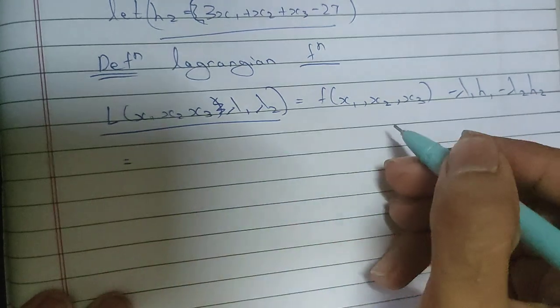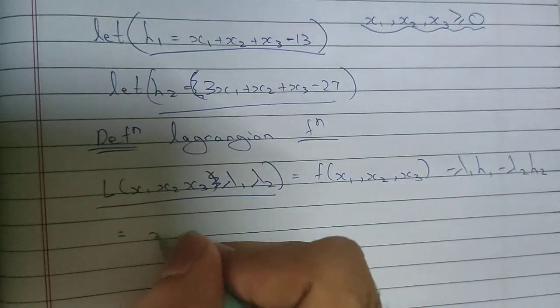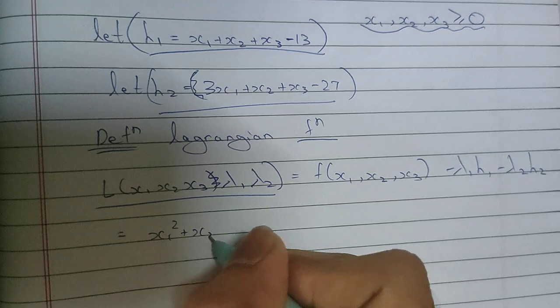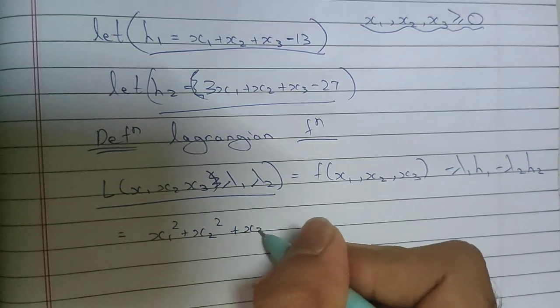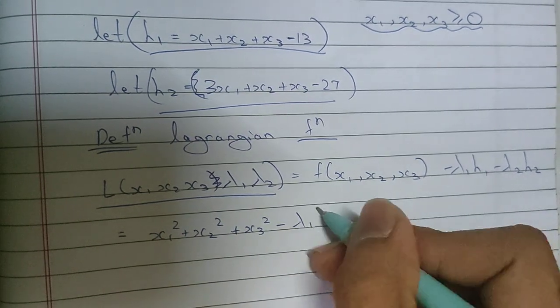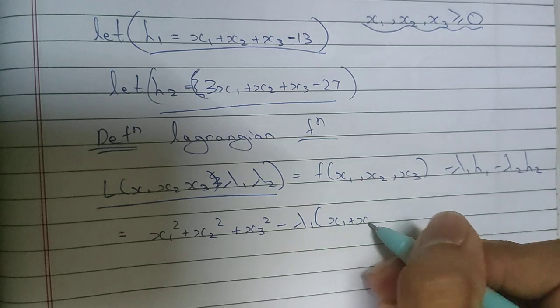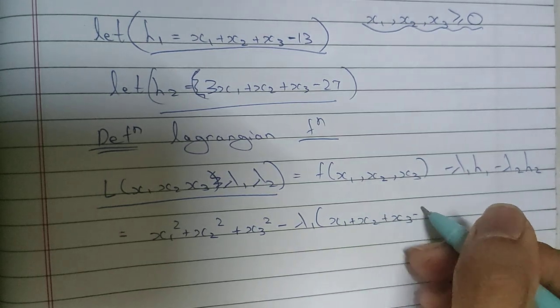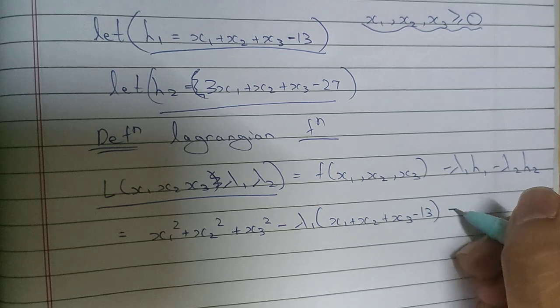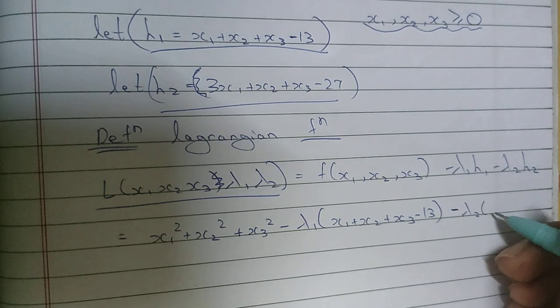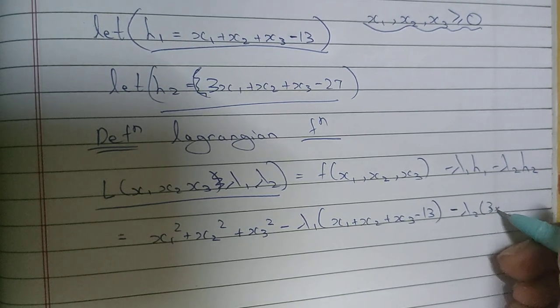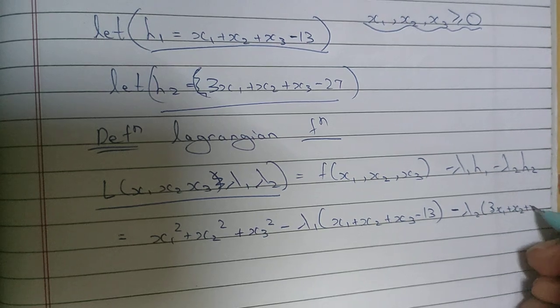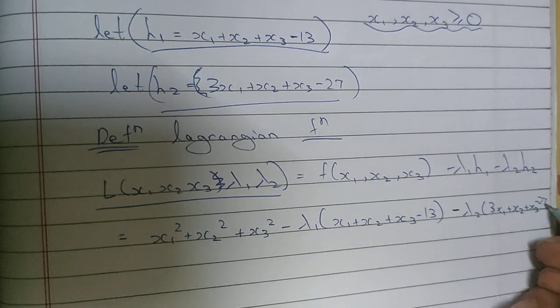This is a slightly lengthy sum, but fine. So our function is x1 square plus x2 square plus x3 square minus lambda 1 times our first constraint, which is x1 plus x2 plus x3 minus 13, and a second constraint, which is lambda 2 times 3x1 plus x2 plus x3 minus 27.